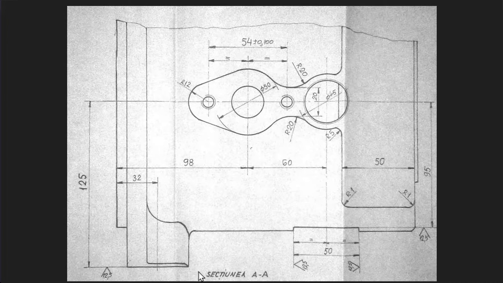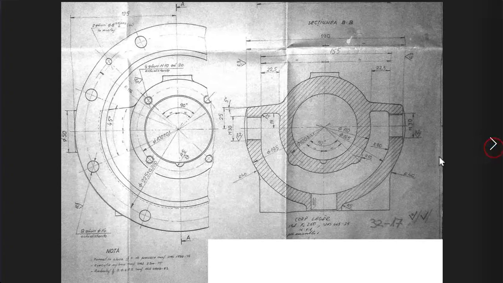The words are in Romanian, but when you see here secțiunea in Romanian, you understand that this is a section, yes? The prefix R is for radius. You have to ignore the signs for quality of surfaces, geometry, and other special tolerances as well.